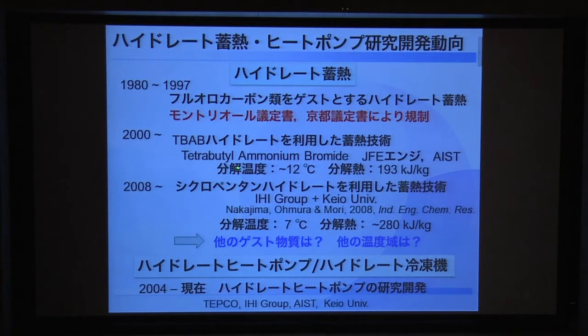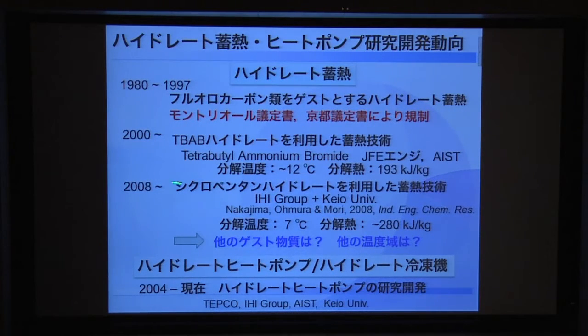But fluorocarbon is not the only thing that you can use for hydrate. For example, Dr. Ribmister can give you a proper lecture about which substances would be the best suited ones, and I'm sure there are many more hydrates. One example, Dr. Ebinuma from ICE proposed this, and JFE Engineering commercialized it: tetrabutylammonium bromide and water.